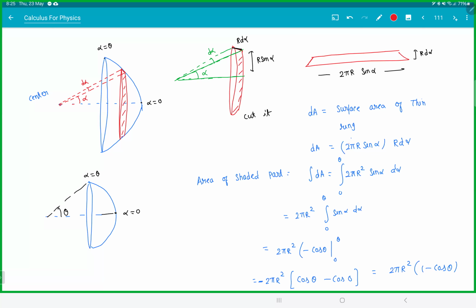Any doubts? Anyone not convinced with this, please ask. Is it clear, how we took the ring and the element?